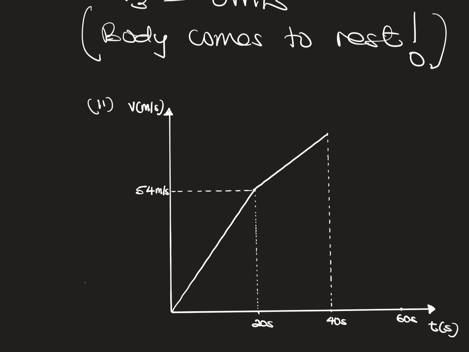And the final velocity for the second event was 90 meters per second. Then for the third event, we had a final velocity of 0 meters per second, which means the body comes to rest. We should indicate that as a deceleration to rest.